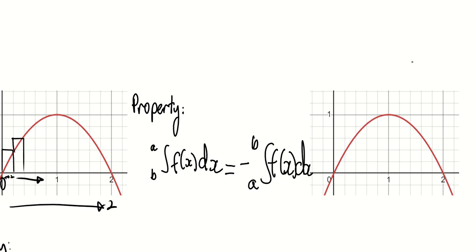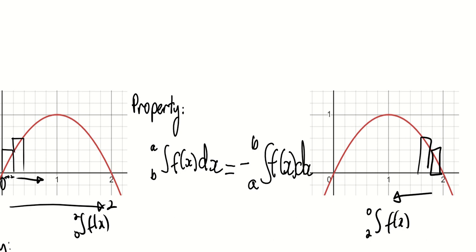If I change it to the other way, so this is integral of 0 to 2 standard. If it said I have the integral of 2 to 0 of that function, I'm starting at 2 and I'm breaking it into rectangles going this way. So my change in x is really negative 0.2 all the time.